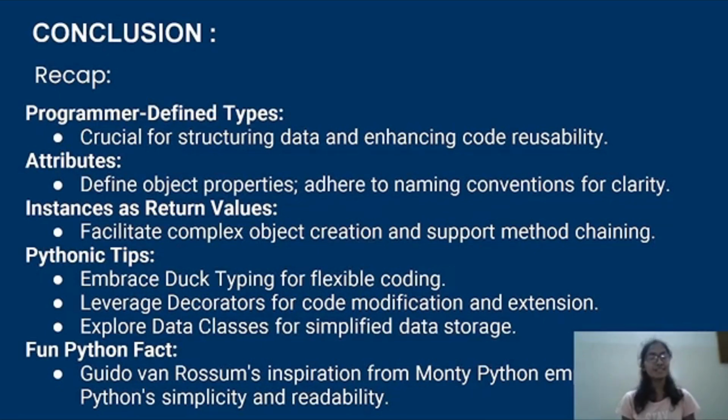Coming to a few tips for Python: embrace duck typing for flexible coding, leverage decorators for code modification and extension, and explore data classes for simplified data storage. Coming to the fun Python fact, Guido van Rossum's inspiration from Monty Python emphasizes Python's simplicity and readability.